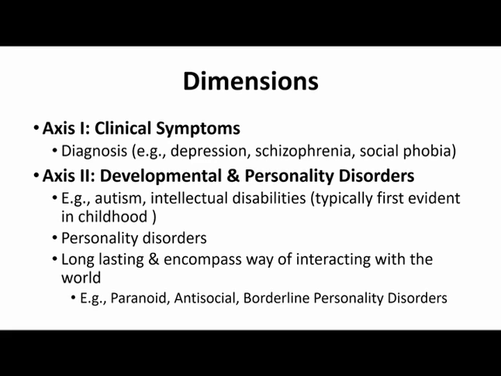So for DSM-4, if you received a diagnosis, the first axis is your clinical symptoms, basically any kind of psychological disorder that didn't fall under Axis 2, which we will come to in just a second. This is the meat and potatoes of your diagnosis. So which box did you fall into?